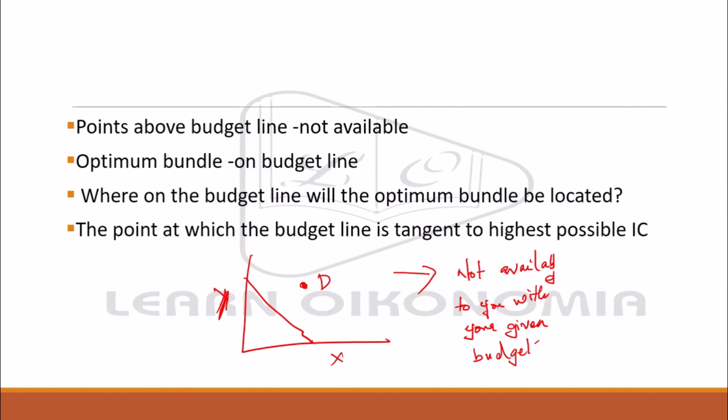So always we have to consider the point of tangency. The optimum point is always the point of tangency between the budget line and the highest possible IC.